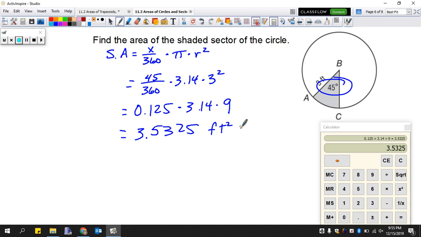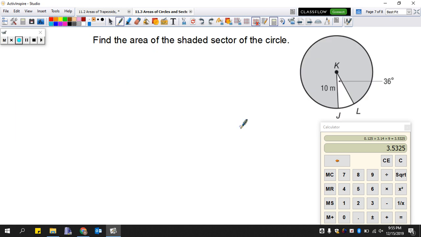All right. Next one, find the area of the shaded sector of the circle. Well, once again, the shaded part here is the most of the circle, and it gives us the angle of the non-shaded part. Okay, so there's two different ways that we could do this. We could either take 360 minus 36.